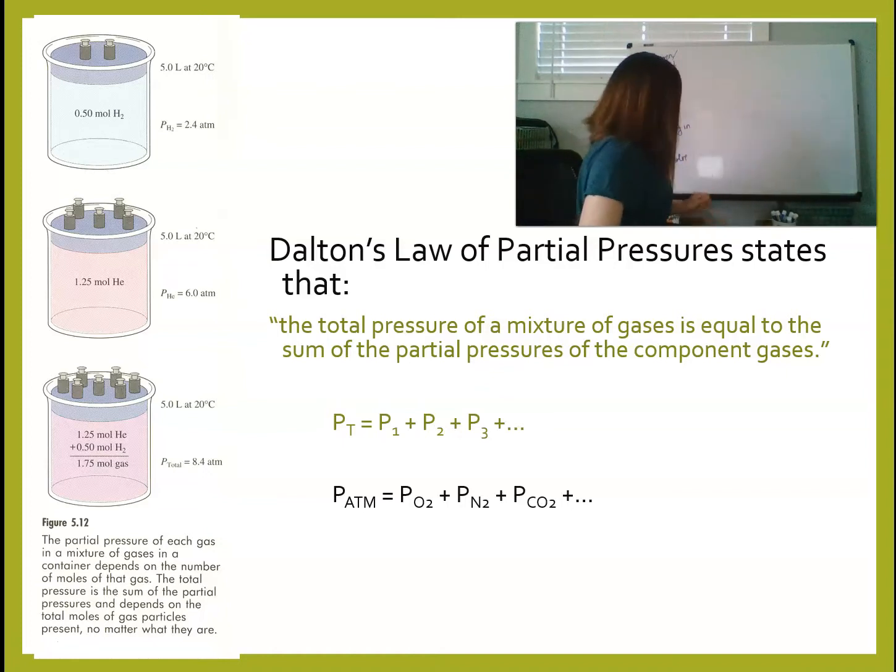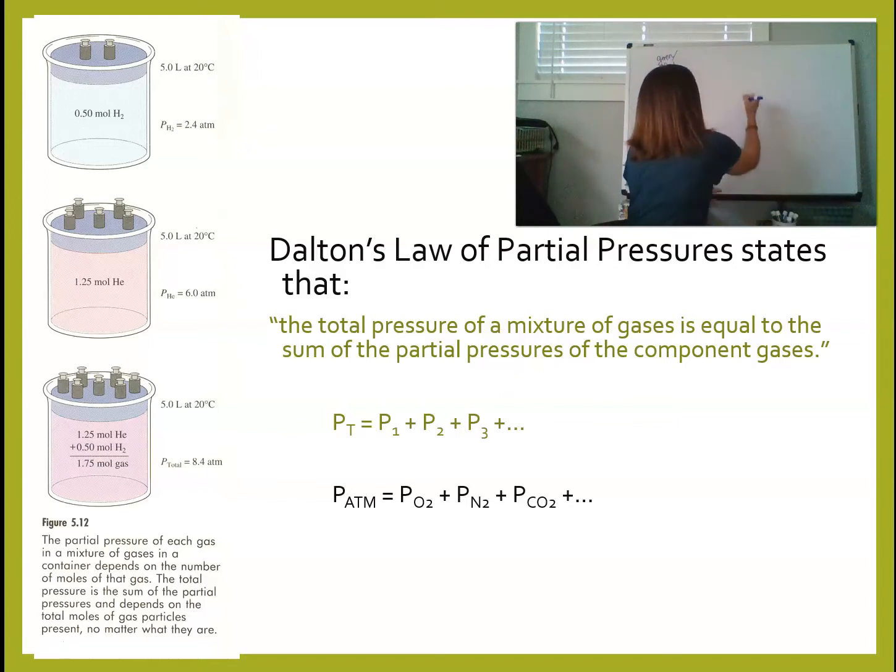So what's happening here is the hydrogen container is providing a pressure of 2.4 atm, and the helium container is providing a pressure of 6.0 atm.